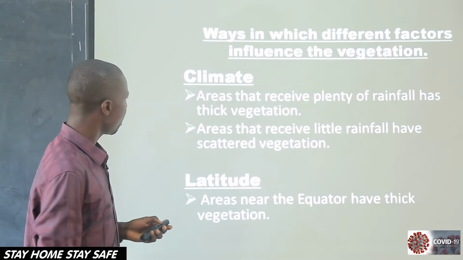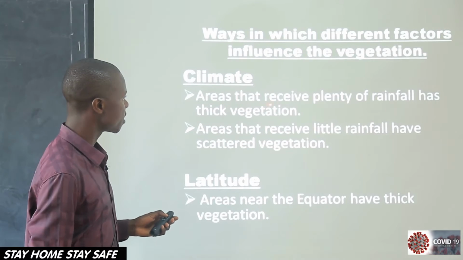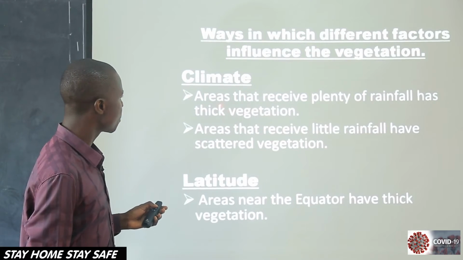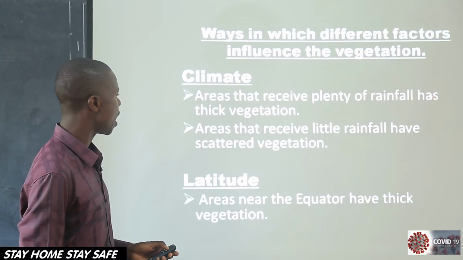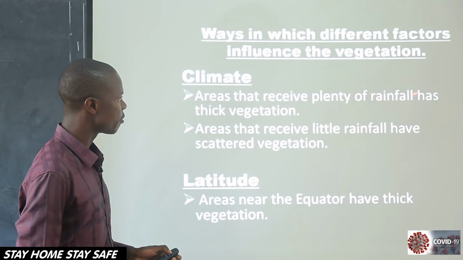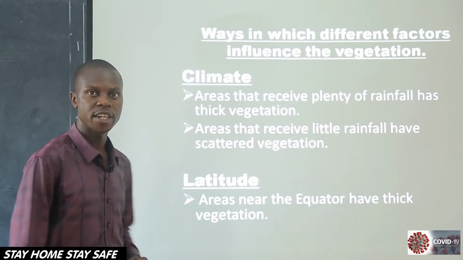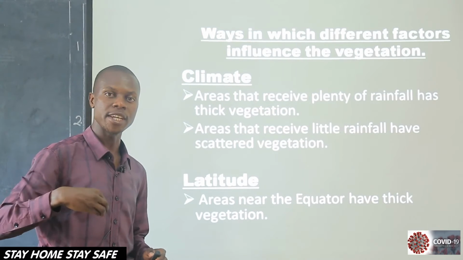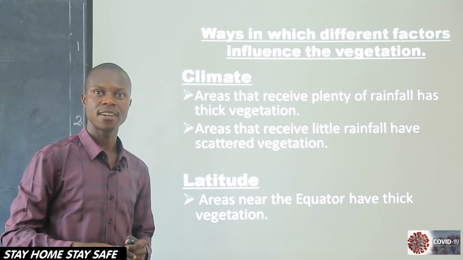Okay, so you find areas that receive plenty of rainfall have thick vegetation. Then now, what happens to those places that receive little rainfall?